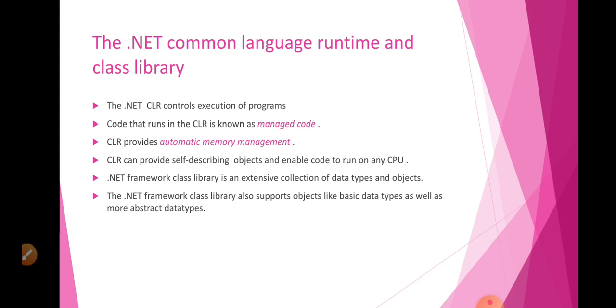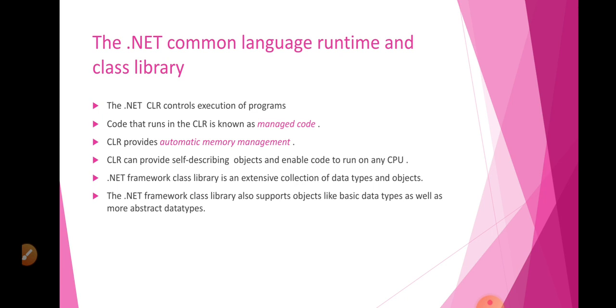It provides features. What are the features? Automatic memory management. What is automatic memory management? It will allocate its own memory, and after the task is over, it will free and deallocate the memory automatically.